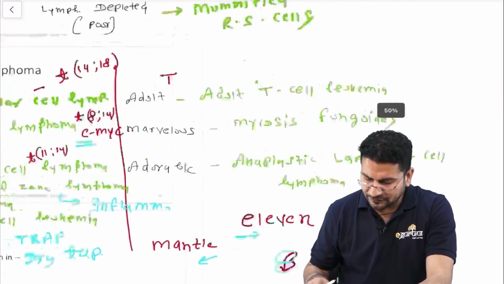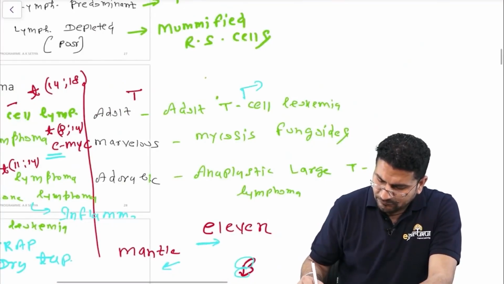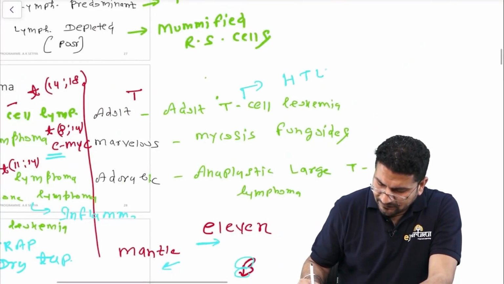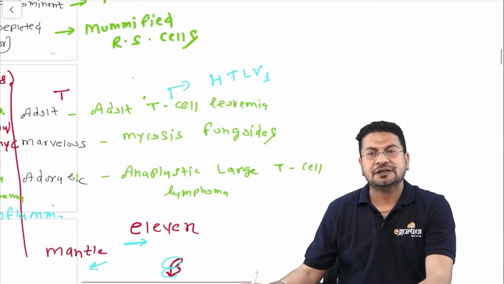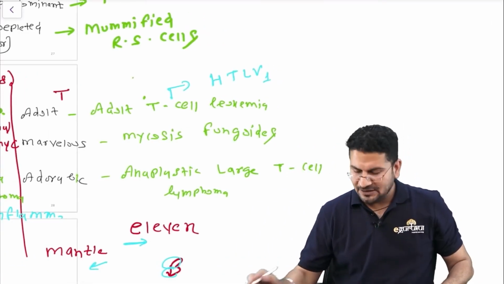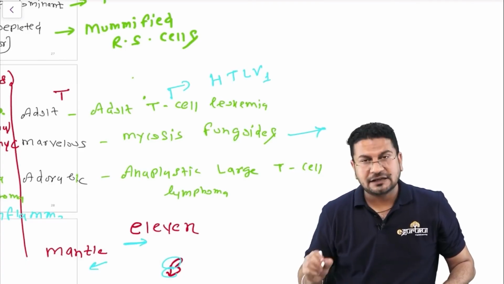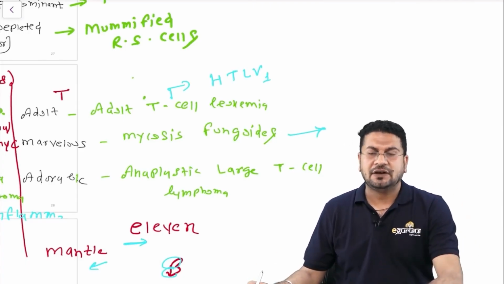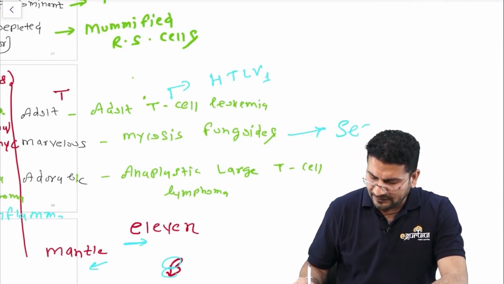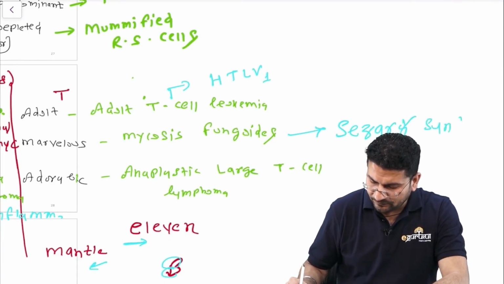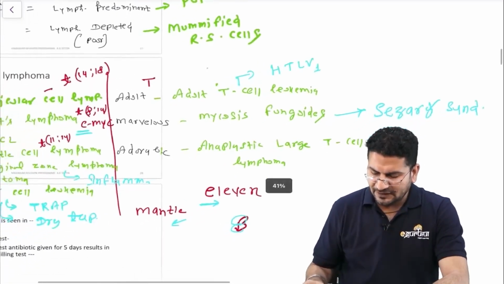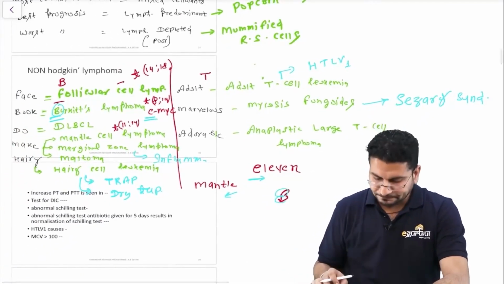Adult T cell leukemia is due to the HTLV1 virus, human T cell leukemia virus 1. Mycosis fungoides is not a fungal infection. It is a T cell tumor. Initially it may look like a fungal infection, but later it can involve visceral organs. We call this Sézary syndrome. And last is anaplastic large T cell lymphoma.